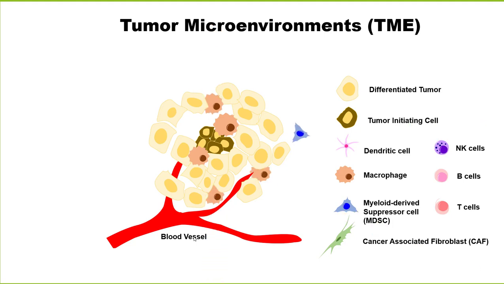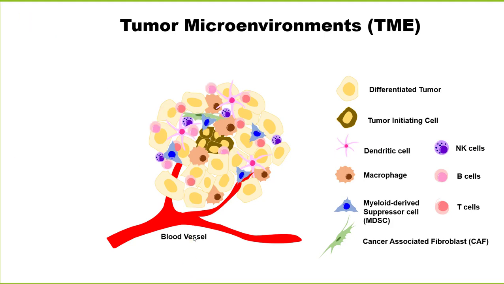Macrophages or other types of immune cells try to suppress tumor activity, and also dendritic cells for regulating tumor function, NK cells, T cells and B cells. They are trying to manage these situations.